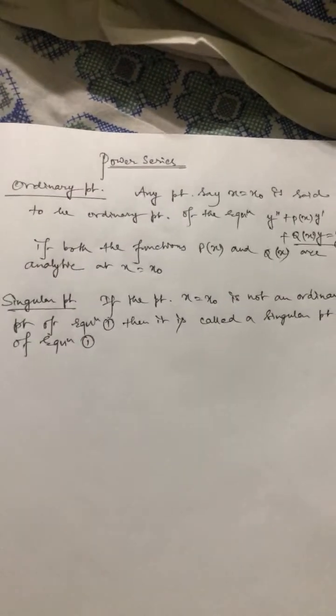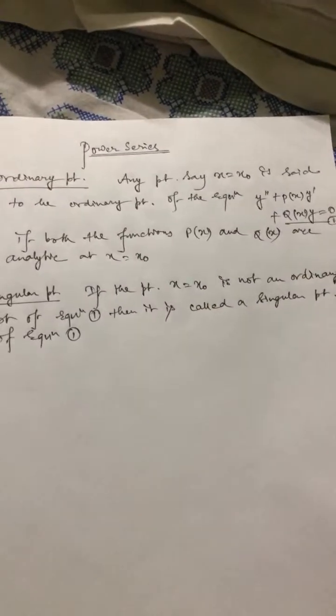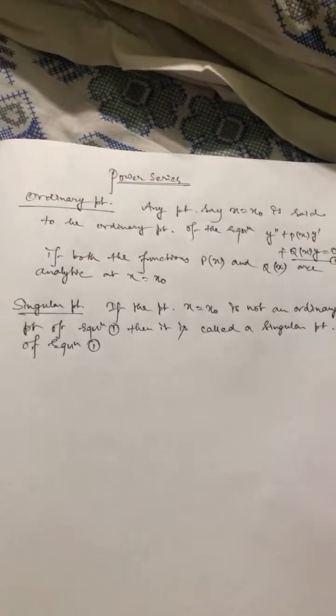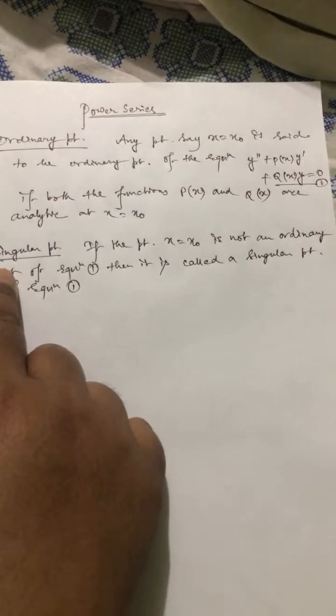That means if p x and q x both of them are defined, then we can say it should be an ordinary point corresponding to the equation 1, and if at least one of them is not properly defined, then you can say it should be a singular point.